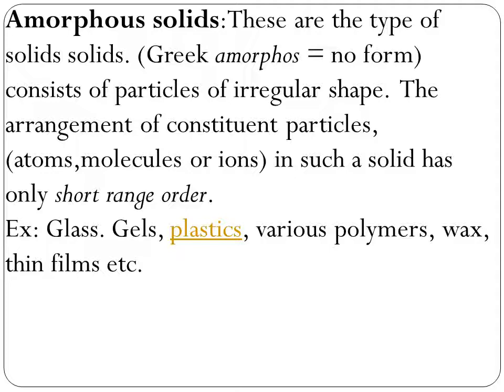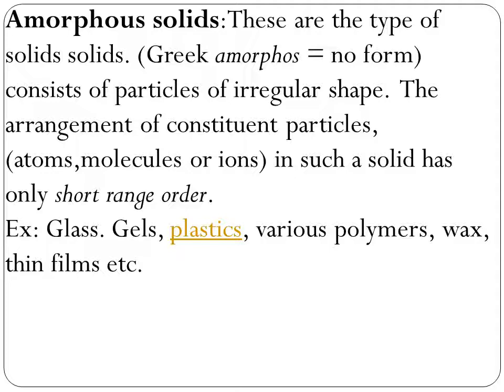You have to compare the crystalline and amorphous solids. In the case of crystalline solids, the particles are of regular shape and the arrangement is systematic. Whereas in the case of amorphous solids, particles are of irregular shape, and if a systematic arrangement is seen in a little part, that is called a short range order.